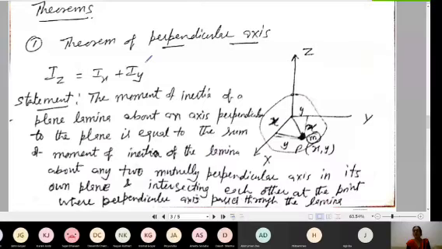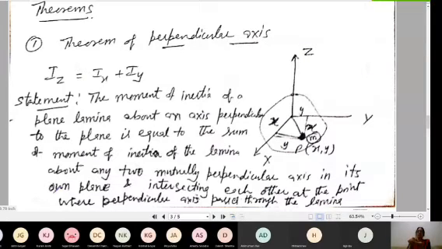Now the statement for this theorem: the moment of inertia of a plane lamina about an axis perpendicular to its plane. It means if this is the lamina, this axis is perpendicular to the plane of the lamina. If the lamina is in the xy plane, this axis is the z-axis.